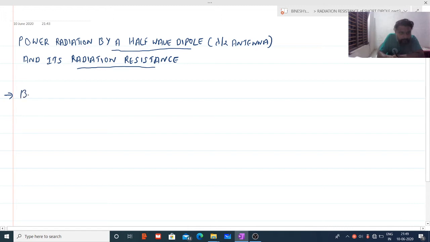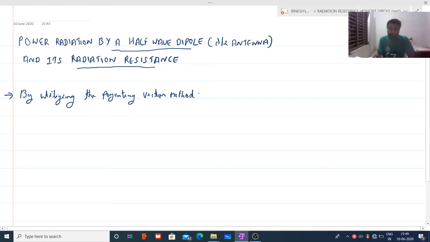By utilizing the Poynting vector method we can calculate the radiation resistance of a lambda by 2 dipole antenna or half wave dipole antenna. And again we have considered the elemental area of the spherical shell.